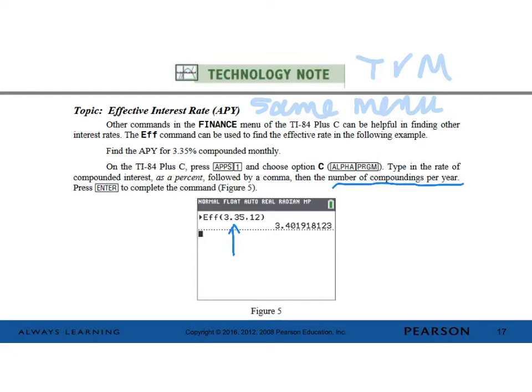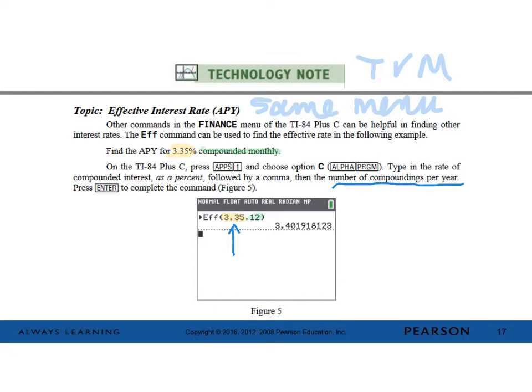So for the one that we're looking at right here, the nominal interest rate, which is 3.35%, is your compound interest rate. And then the fact that it is compounded monthly tells us that it is compounded 12 times per year.